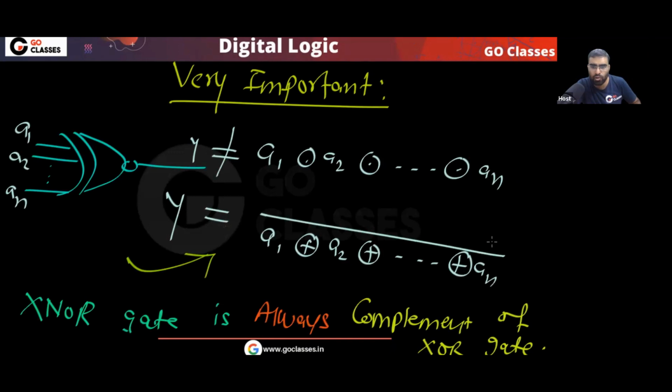It is actually equal to the complement of XOR. This point is very important. There are two questions in GATE Electronics, and in GATE Computer Science also they can ask these questions. So you should take care.